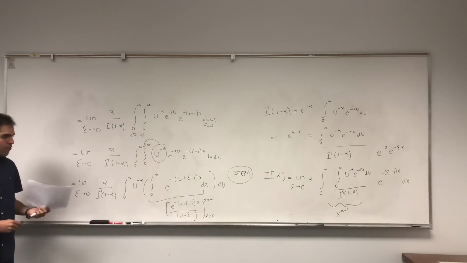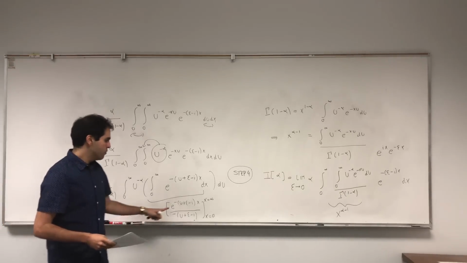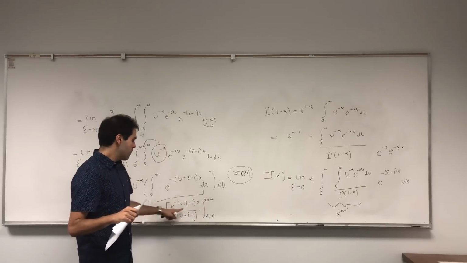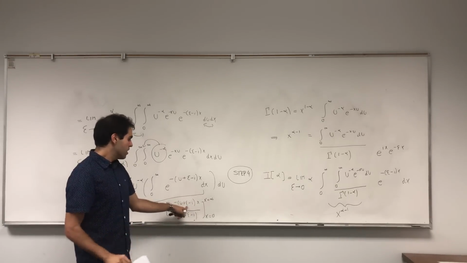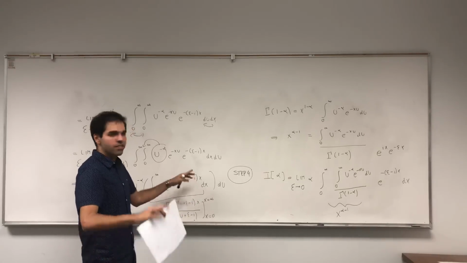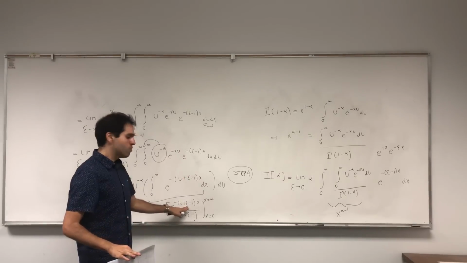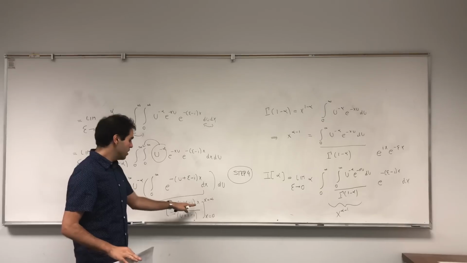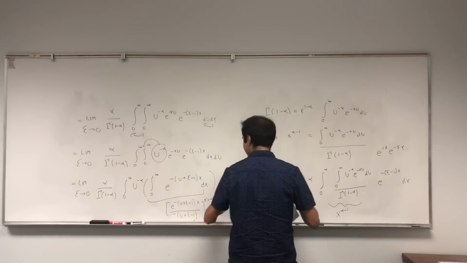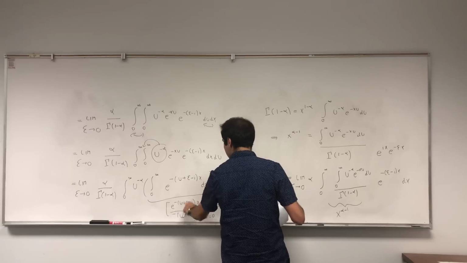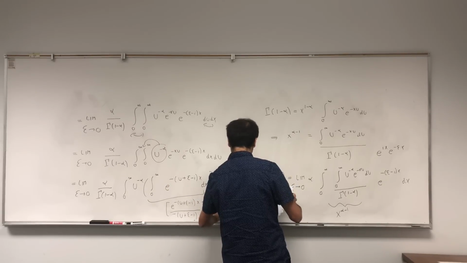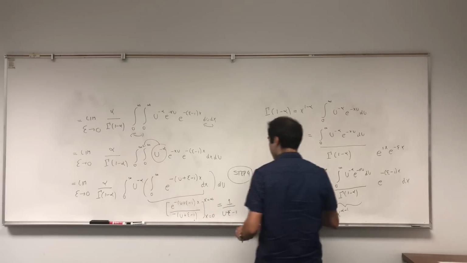And again, I want to emphasize, if we didn't have this epsilon, we wouldn't really know what this whole thing converges to. But because of this epsilon, the modulus of this is at most like e to the minus epsilon infinity. So because it decays exponentially, this whole thing goes to 0. And what we're left with is just the term at 0, which becomes e to the 0, which is 1, over u plus epsilon minus i.